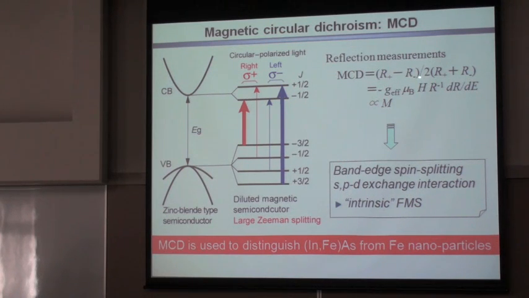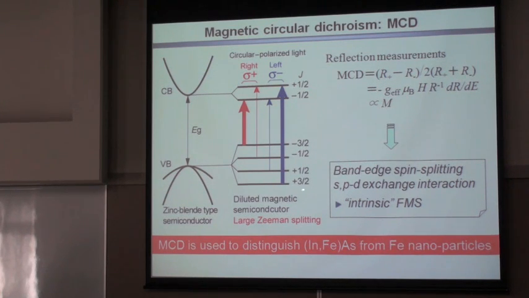This term is basically the Zeeman splitting, which is proportional to the magnetization of the material. So we can measure the magnetic properties. And also, MCD includes this term, which is the energy derivative of reflection spectra. So from this term, by measuring the spectra, we can get some information on the band structure of the material.